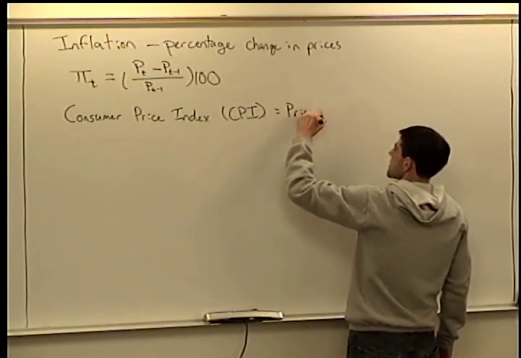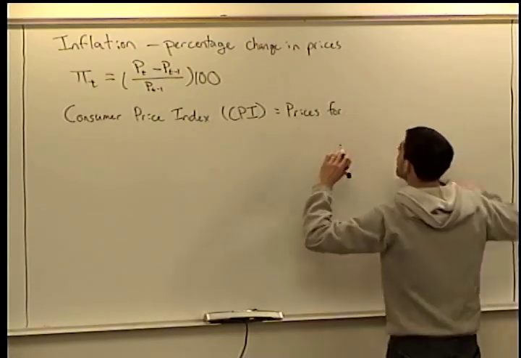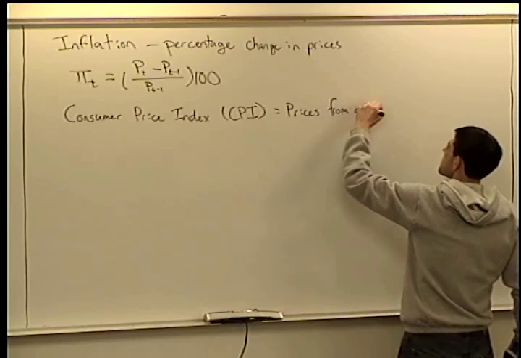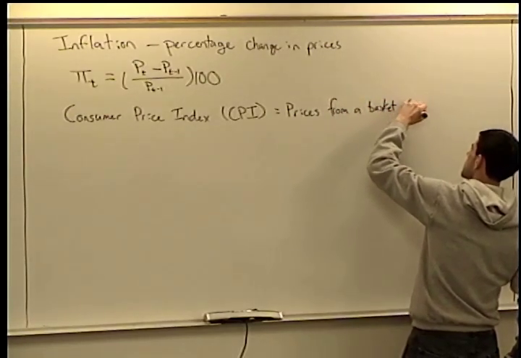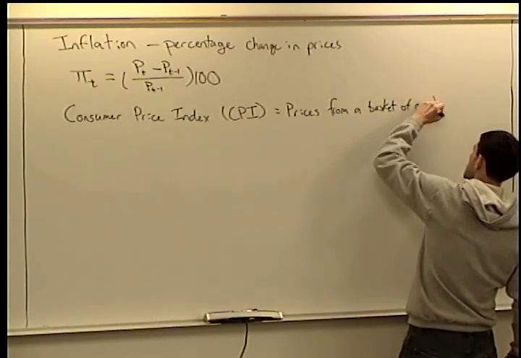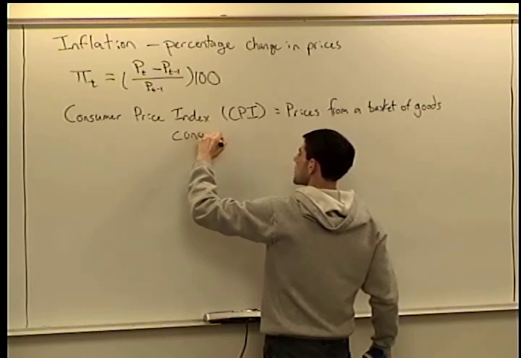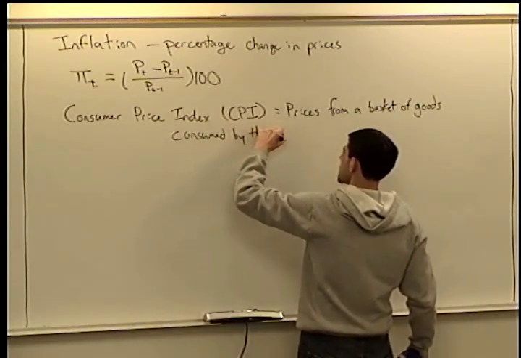So it's looking at prices from a basket of goods consumed by the average family of four.